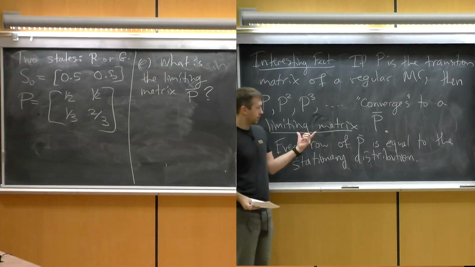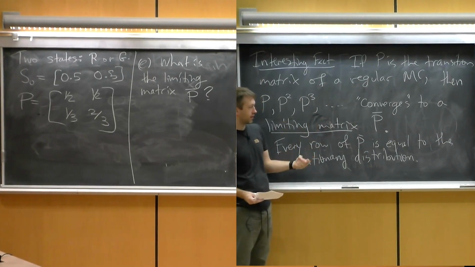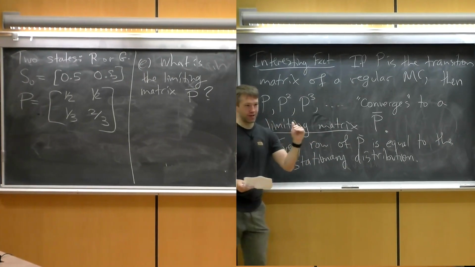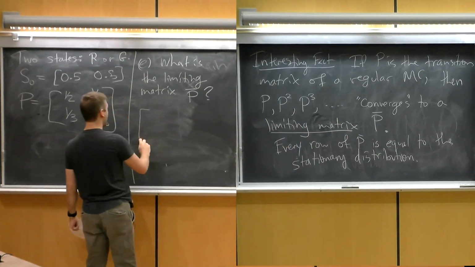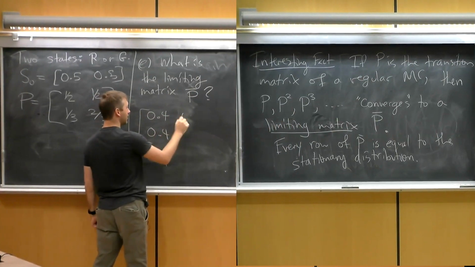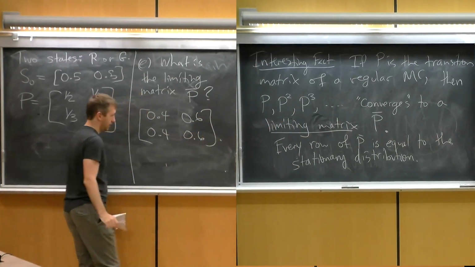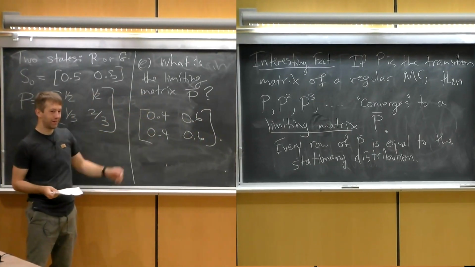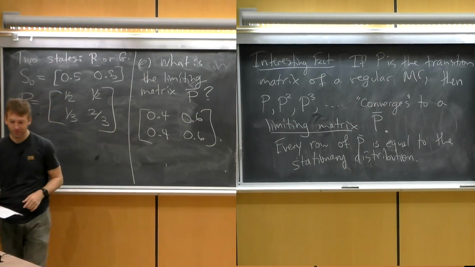So for the limit, if you have a regular Markov chain and you take the limiting matrix, the key thing is every row should be equal to the stationary distribution. So if you just memorize that, if you know the stationary distribution, you can just write this down. It's just write the stationary distribution, write it again. If it's bigger, then you write it again. Just keep writing the stationary distribution.